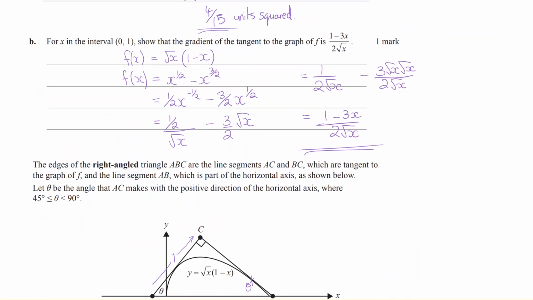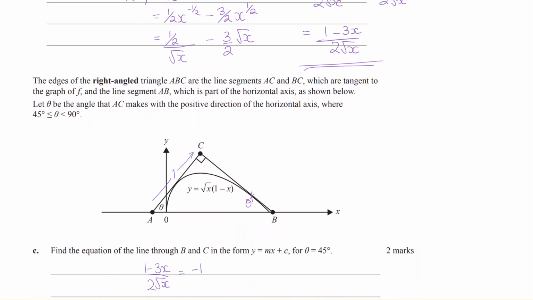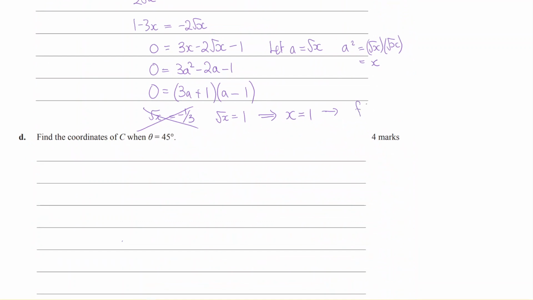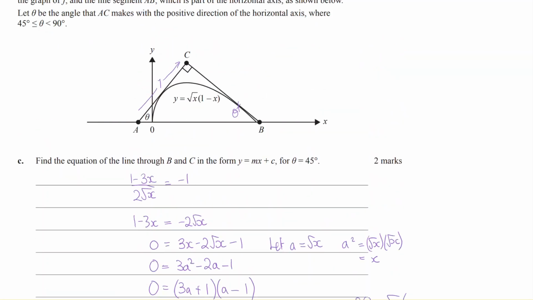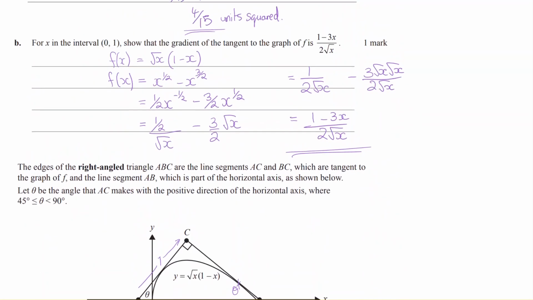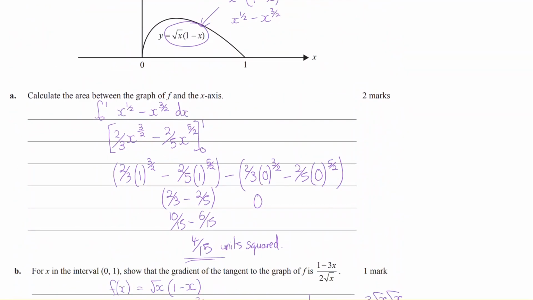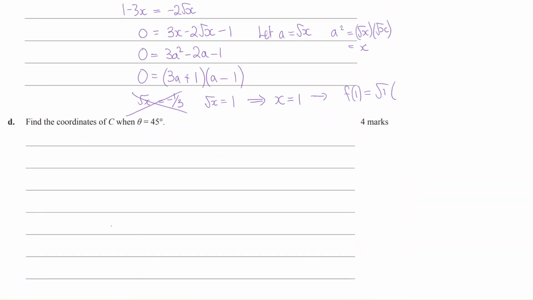So our f of x was square root of x, 1 take x. So substituting that in, f of x at 1 is square root of 1, 1 take 1.